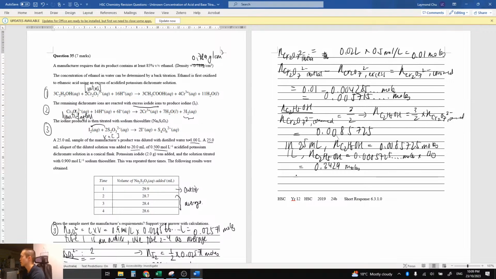Now we can find the mass. Let's find the mass. 0.3429 times 12.01 times 2, 6 times 1.008 plus 16.